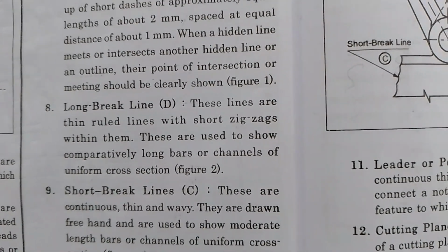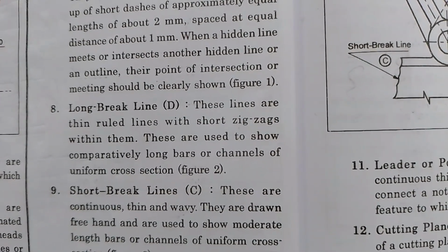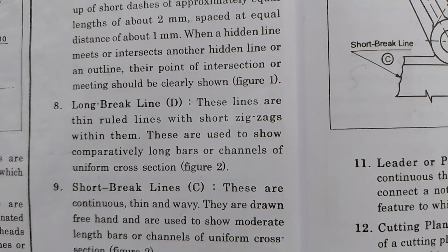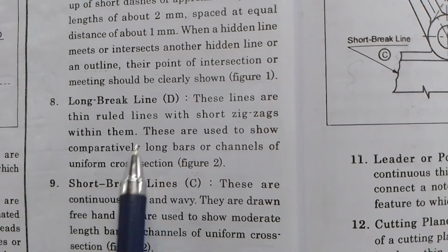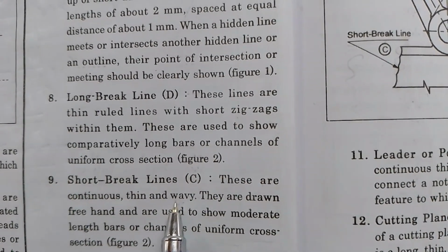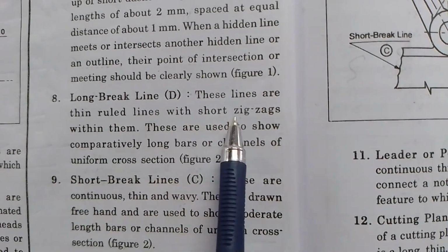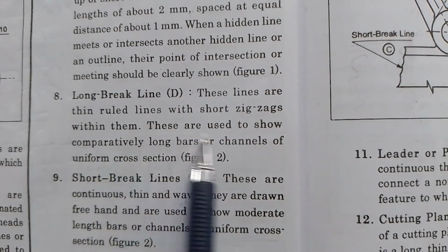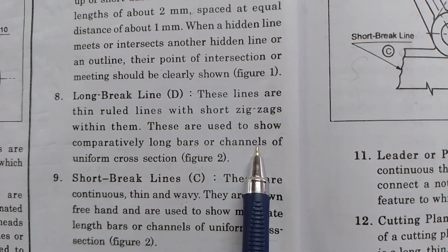They are used to show comparatively long bars or channels of uniform cross section. Both short break and long break are used for uniform cross section, but short breaks are thin wavy lines, and long breaks are thin ruled lines with short zigzags, used for long bars or channels. This is the basic difference between these two lines.